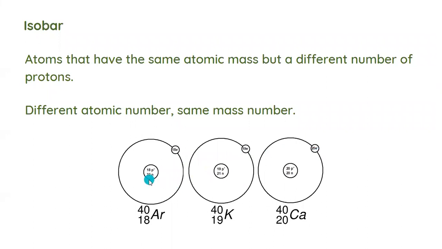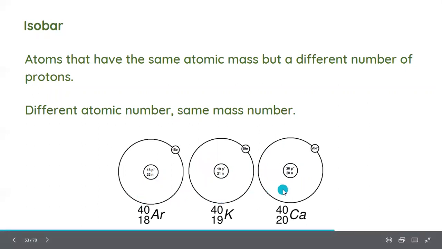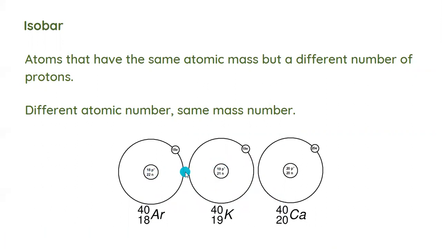The number of protons is also different: 18, 19, and 20 respectively. But the number of neutrons is such that the mass number of these three elements is 40, 40, and 40. However, their atomic numbers are 18, 19, and 20. So these elements do not show similar chemical properties. They have only the same mass number.